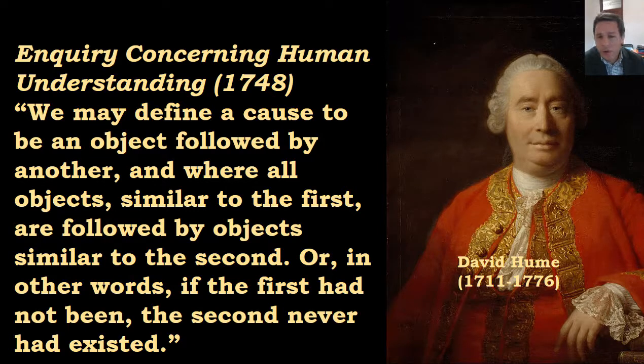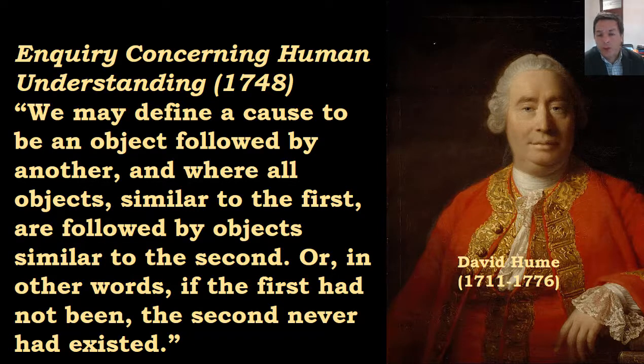Now, this definition, the first one, was the only one in a book he wrote about 10 years earlier. But for some reason, he found that he had to add the second component. And he says, or in other words, if the first had not been, the second never had existed. He had to add what is now called the counterfactual. So he says that something is a cause if, had that not occurred, then you wouldn't see the effect.